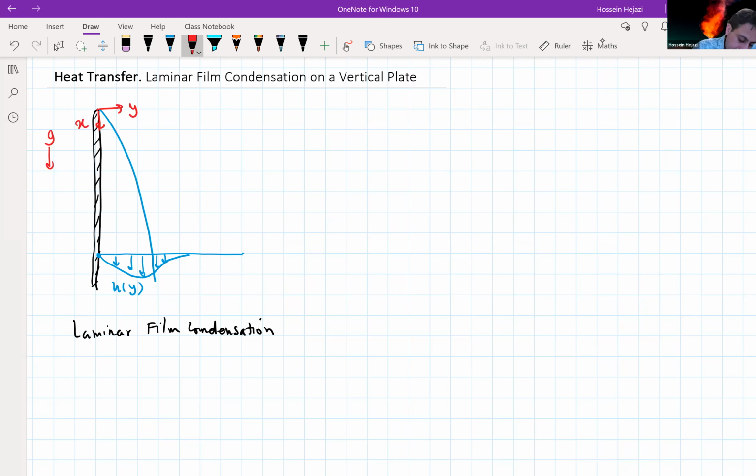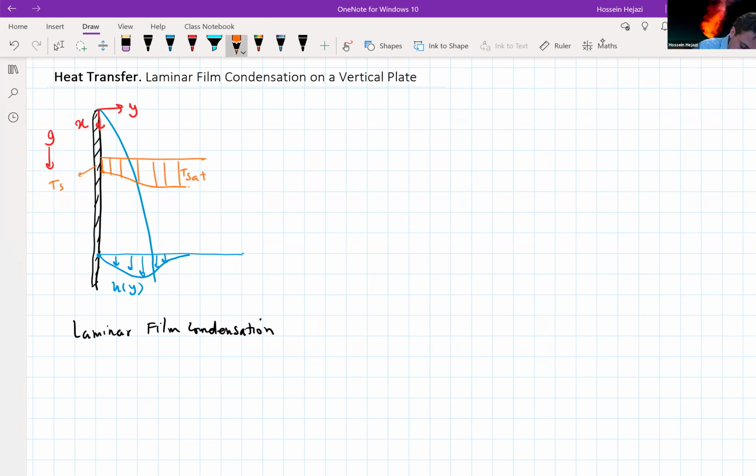Similarly, I can plot the temperature profile. So let's say this is the temperature, and the temperature at the surface is Ts. From a certain value, showing the Ts, the temperature is going to rise inside that till reaching Tsat.